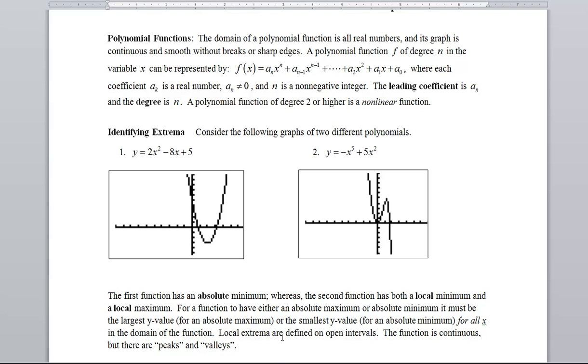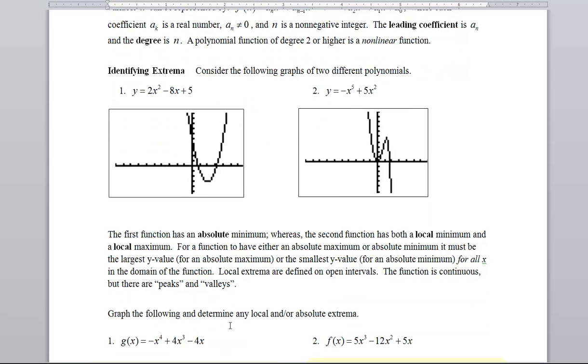Now it says local extrema are defined on open intervals. So from one section to another on that particular interval, that's the largest y value that I've got. On this interval right here, that's the smallest y value I've got. The function is continuous, but we have peaks and we've got valleys. Now we're going to graph the following, and we're going to determine any local and or absolute extrema.